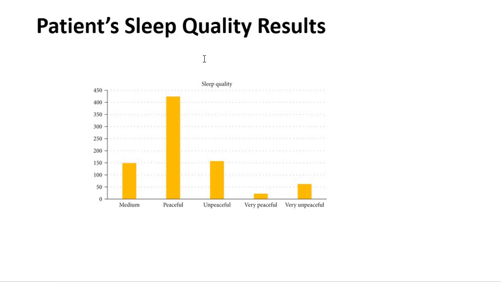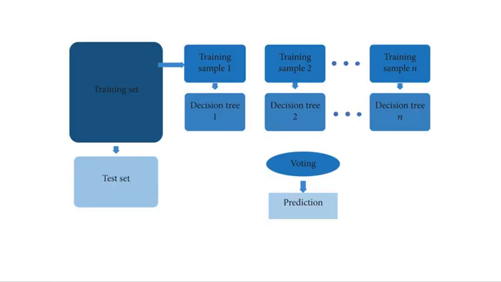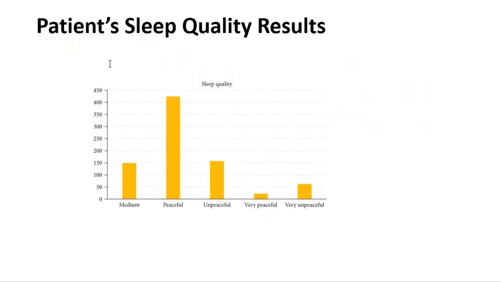Now let's see the patient's sleep quality results. This is the people's block. On the y-axis, this is the number of people, and this is the predictability. In the voting system, we are going to generate some amount of voting level, and the voting level is this.